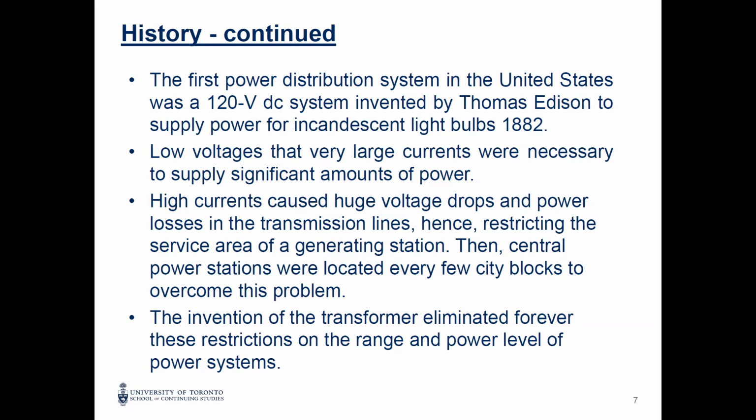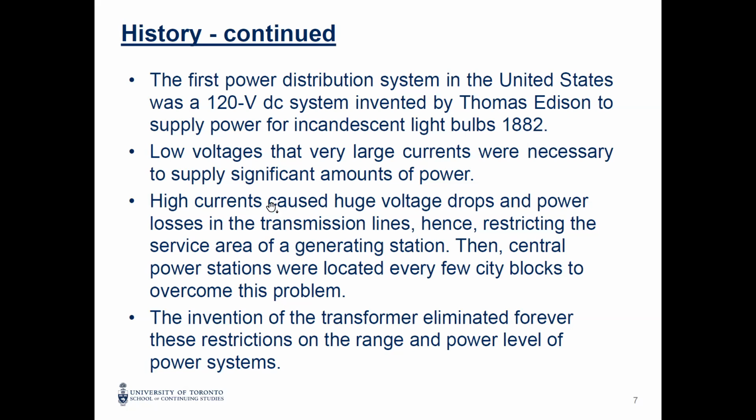For the DC, there is no X, which means you don't have any inductance or capacitance. It's just the resistance. Due to this resistance and high current, I squared R is very, very large. So they couldn't go very far from the DC generation station.